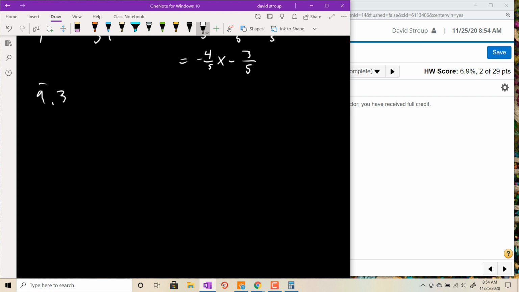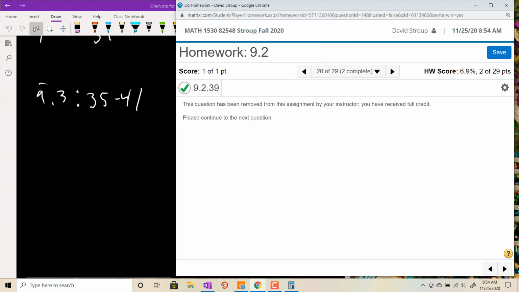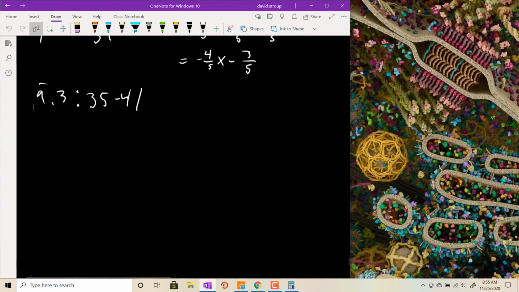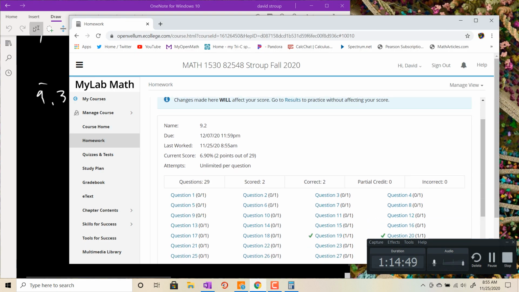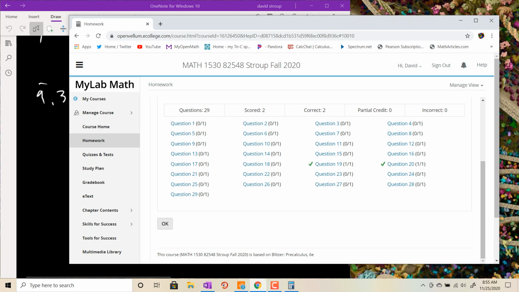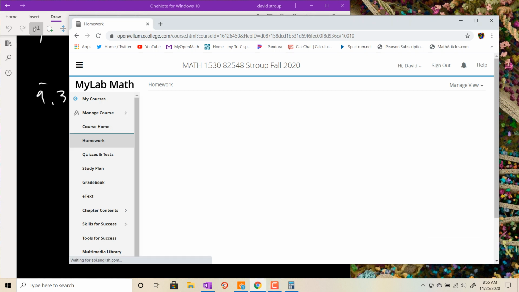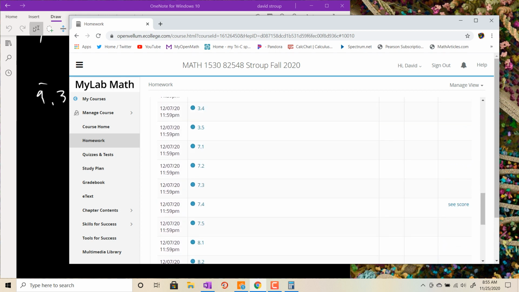So I just want you to be able to plot the simple ones, 35 to 41. Let's also do this one in WebAssign, see what kind of curveballs they have to throw at us. Yeah, so homework, and then we want to go on 9.3.